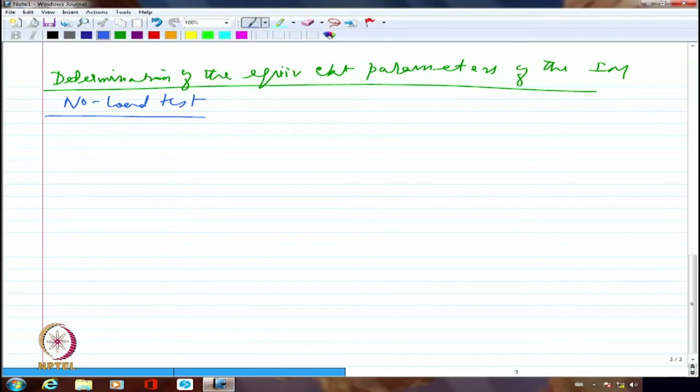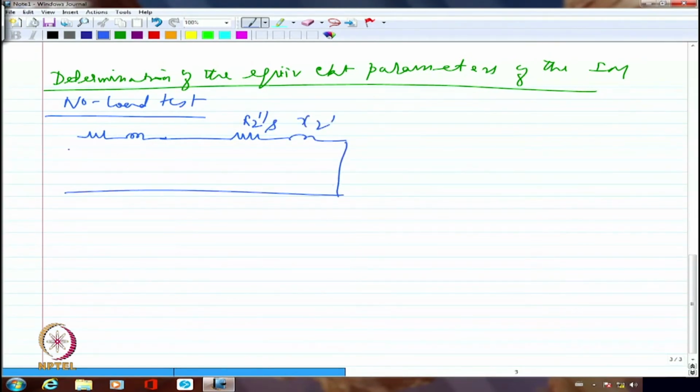Right? When I'm going to have no load test, you think about the induction motor characteristics. I'm going to have the equivalent circuit. This is R2 dash by S. This is X2 dash. And this is V1. This is R1. This is X1. Of course, I do have RC and XM.